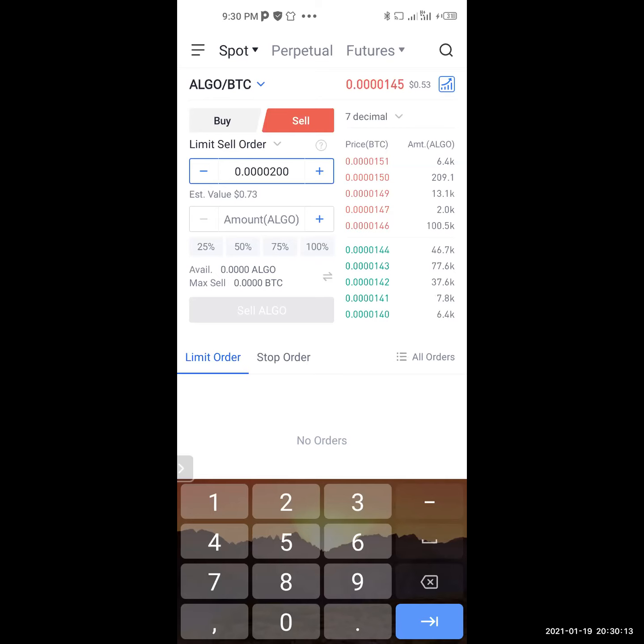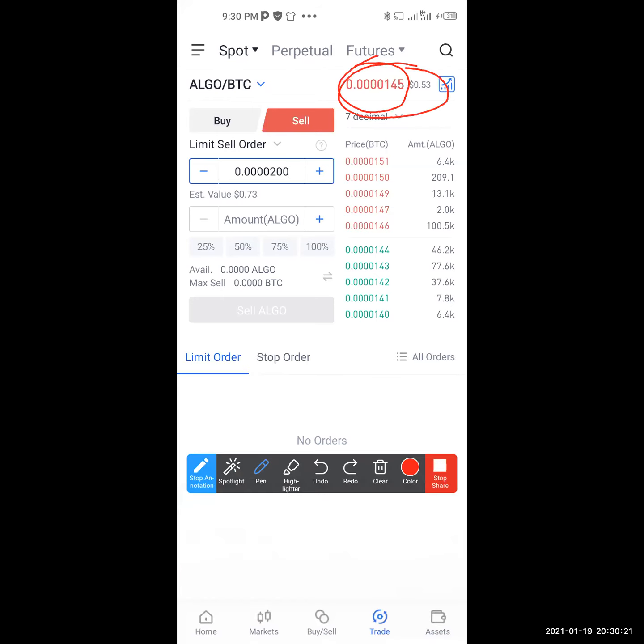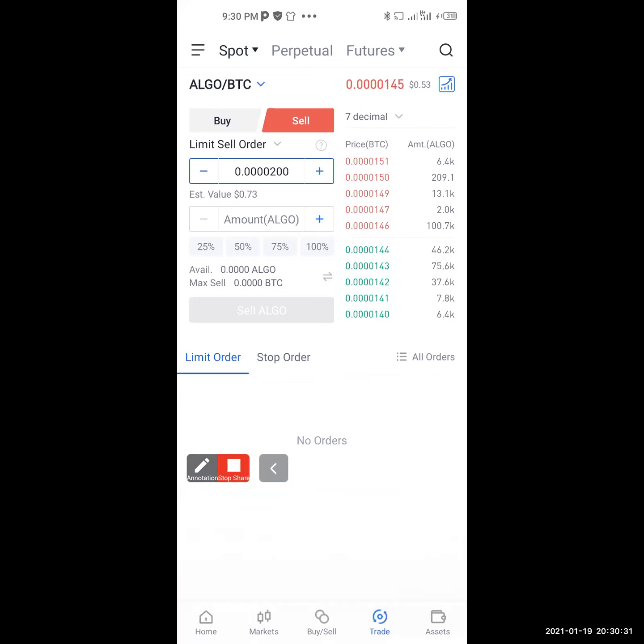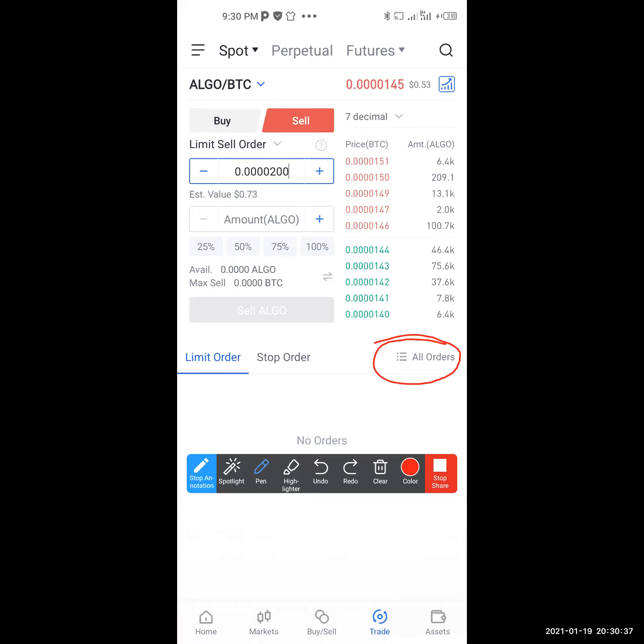So as long as it has not reached 200 yet, it will be showing in this place, because it's not sold. As long as it sells off, it will appear in your order history.